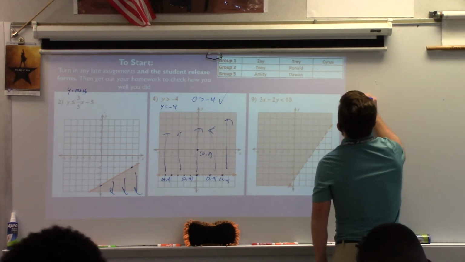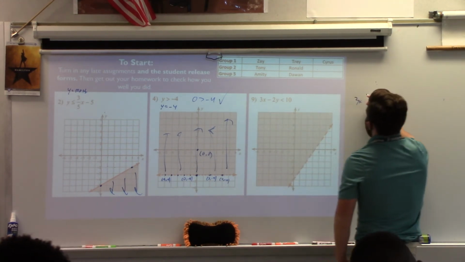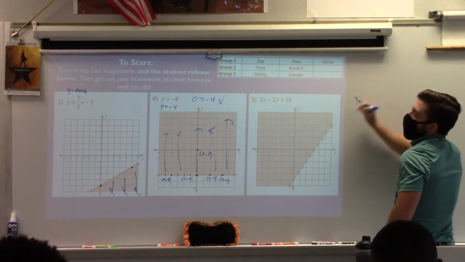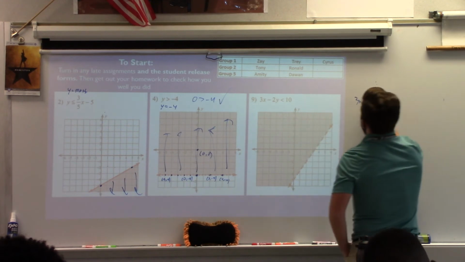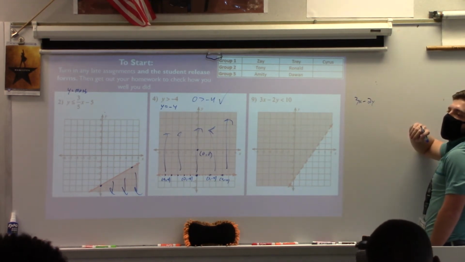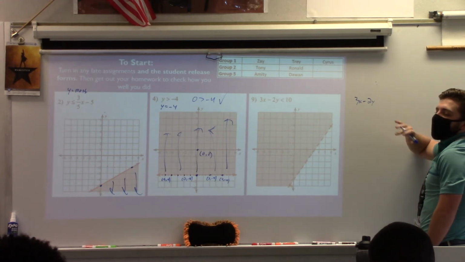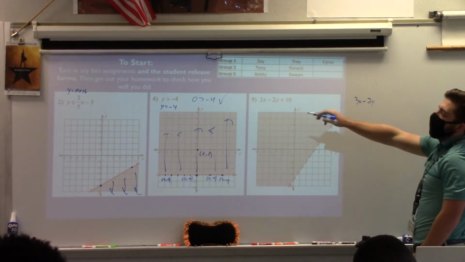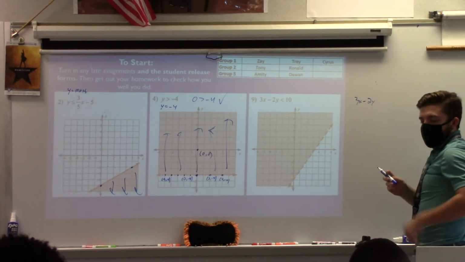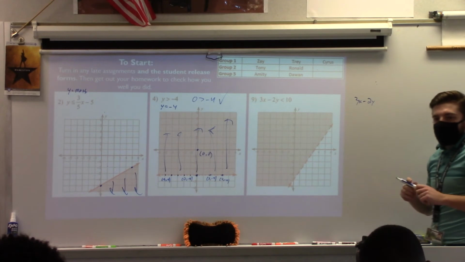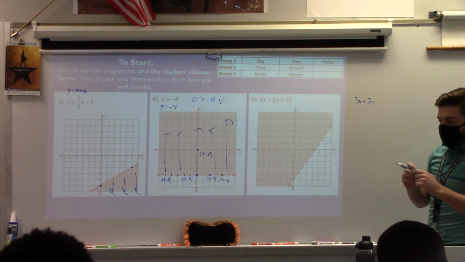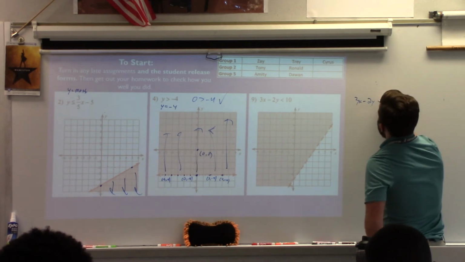If we had the boundary line, what is the boundary line? Remember what we said over here. 3x minus 2y is less than 10, that's the inequality, right? So what about the boundary line? Kind of like what we said for number 4. Remember, we're looking for the equation of the boundary line. Exactly, so 3x minus 2y equals 10.